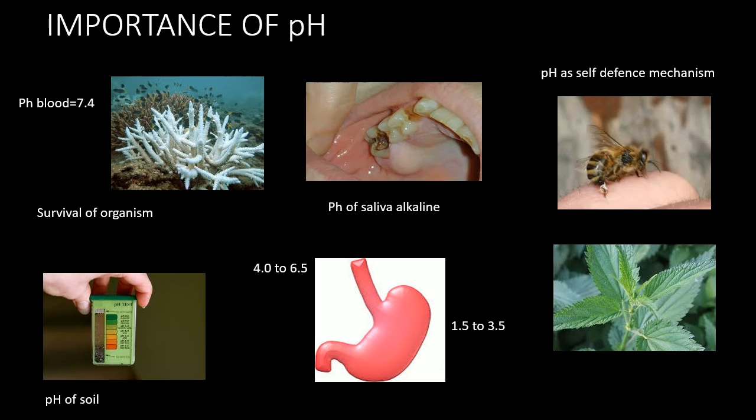So the medium of the mouth is slightly alkaline, and that medium is also good for the health of our teeth. Whenever the medium of the mouth gets altered, if we eat sugary foods, the leftover residue of sugar is acted upon by bacteria, which produces an acidic medium inside the mouth.